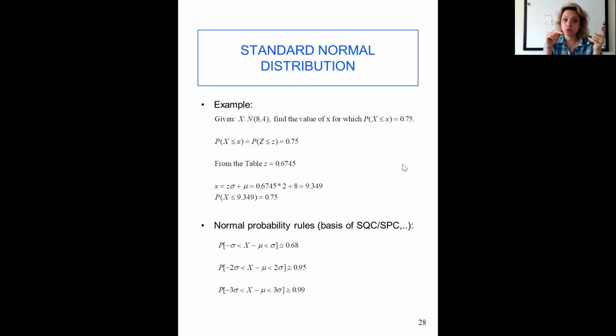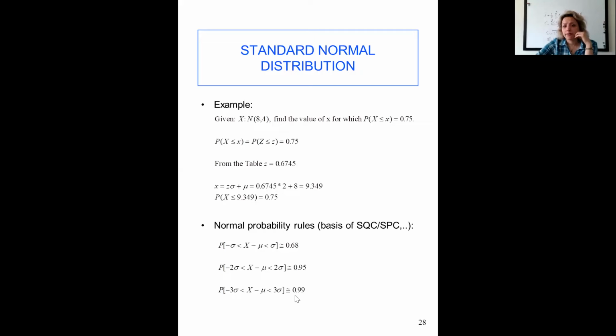So you have Z equal to 0.6745, and you can find x from that. You can see that here we found x is going to be 9.349. As I said, you have the solution in front of you, but try to find it yourself to make sure that you can read the reverse version from the Z table as well.